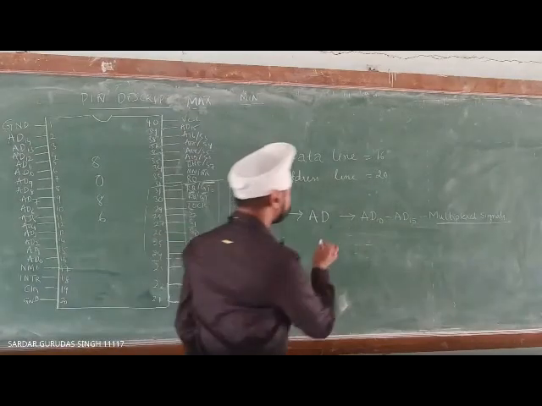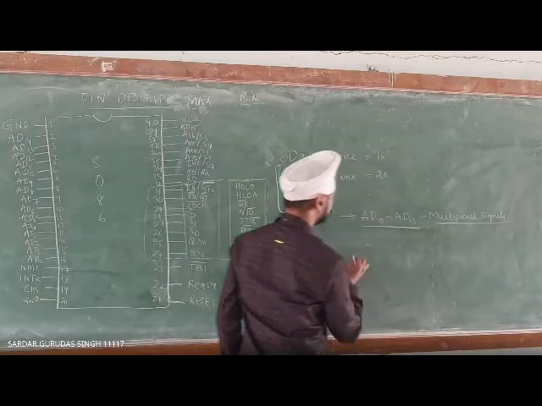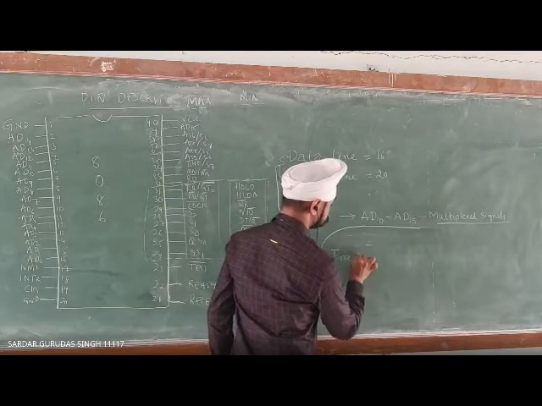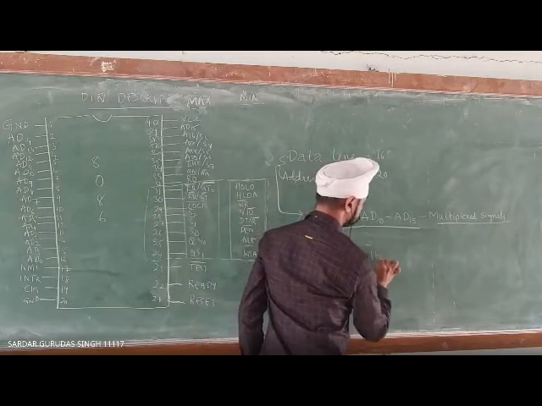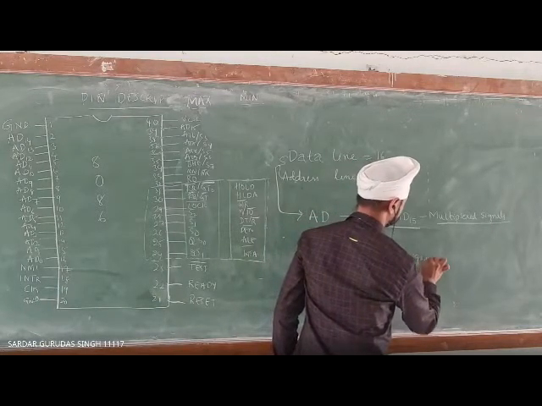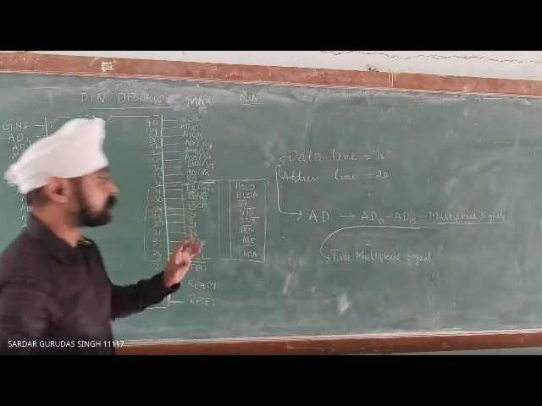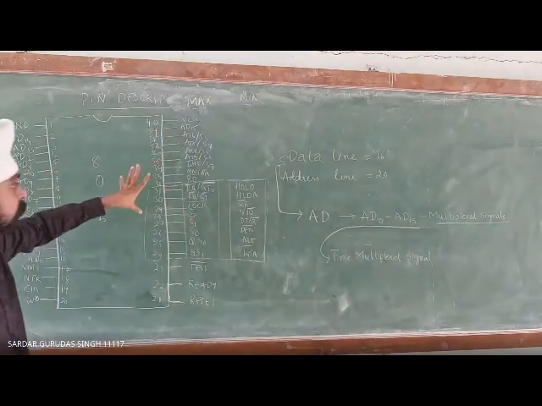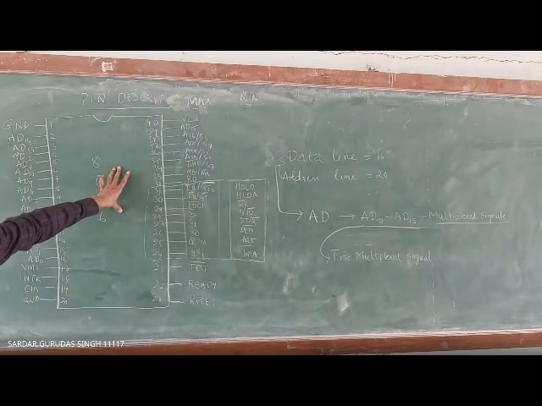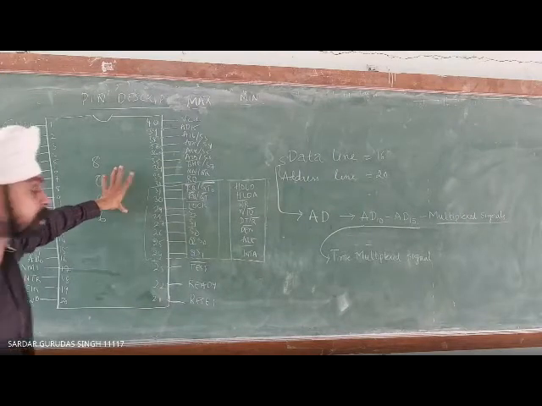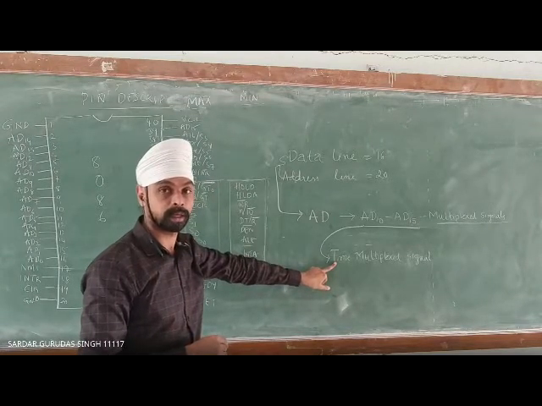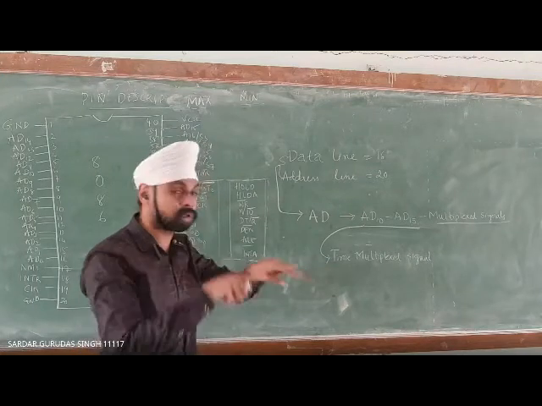We call these pins time multiplexed signals. In the sense, these lines either carry address or data, depending upon the time cycle or time period. They cannot carry both at the same time.